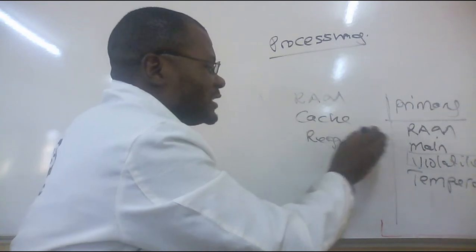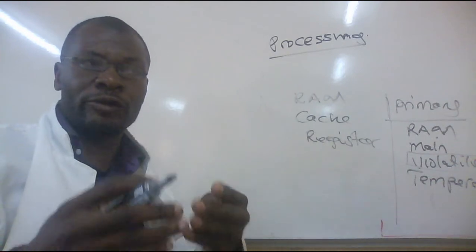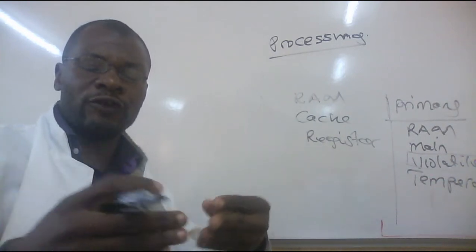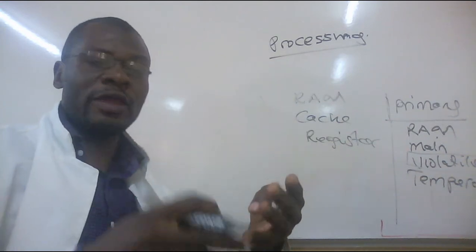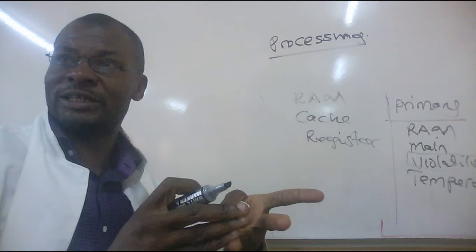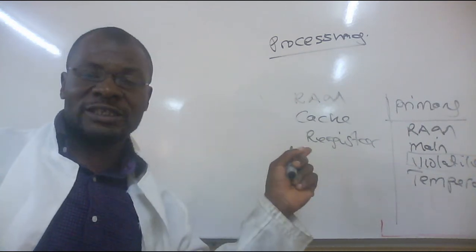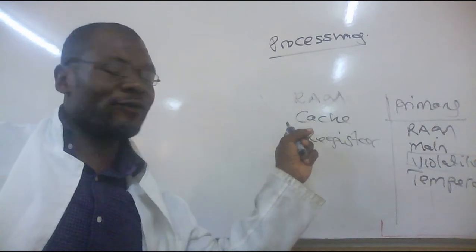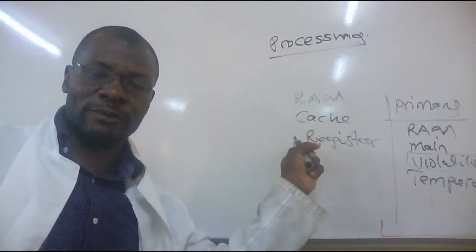The registers, the ones which are found in the control unit or in the microprocessor, store the information temporarily as it is awaiting processing. They are also volatile. The cache memory is also volatile. So you will need to understand that these types of memory are volatile. They lose information when power is disturbed.